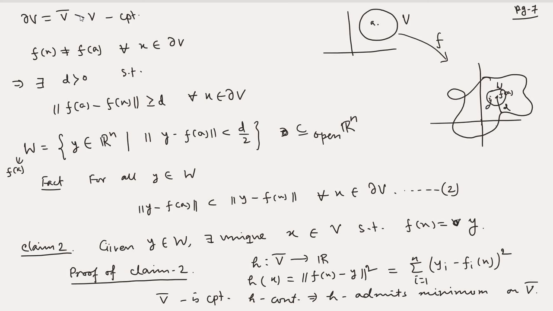Now it follows from the inequality: for a belongs to V closure, of course, and for every boundary point x, we have norm of f(x) minus y strictly less than norm of y minus f(a), particularly for a an interior point.